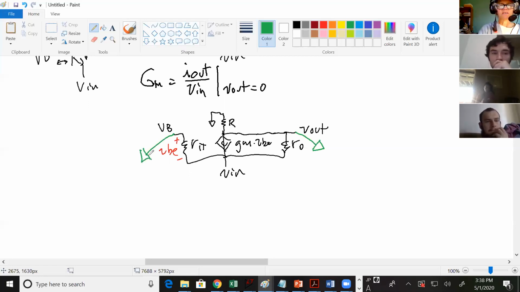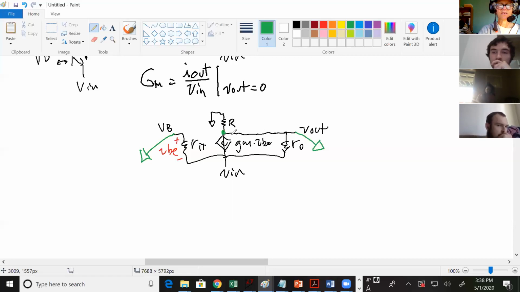Okay, I always like to write in VBE because when resistors start to be put in parallel and all that, I lose track of where VBE is. So I just put that in as a note. So now we've got this. Anything else? So you said this can go away, or does it go away completely? It goes to a resistor of size 1 over GM. Yes, okay.